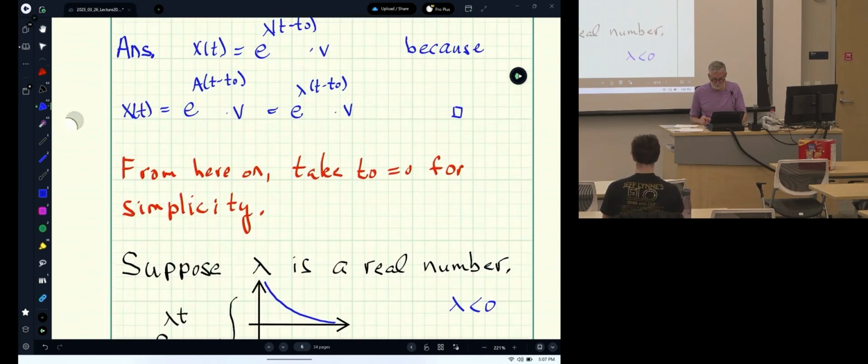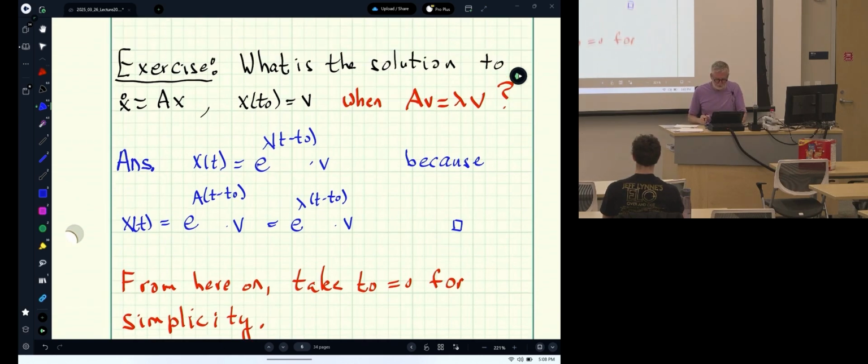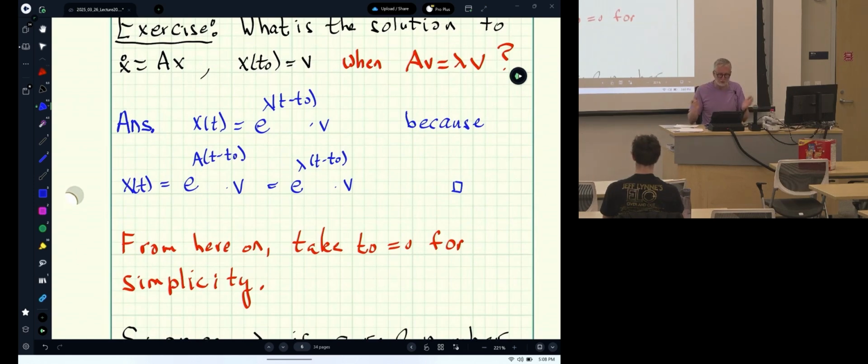Well, that's cool. If the initial condition is an eigenvector and lambda is negative, it just decays, okay? Did we need to compute e to the At to know that? The answer is no. This is where math and theory comes in. So math and theory said, eigenvalues and eigenvectors allow us to unlock the secrets of that matrix exponential.